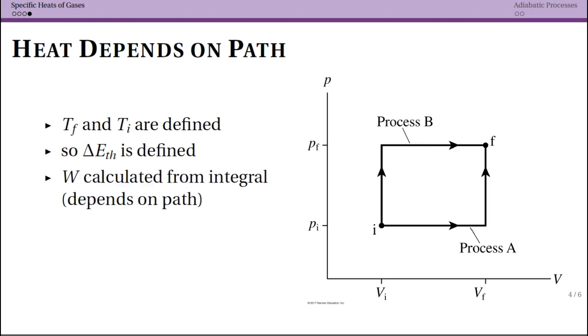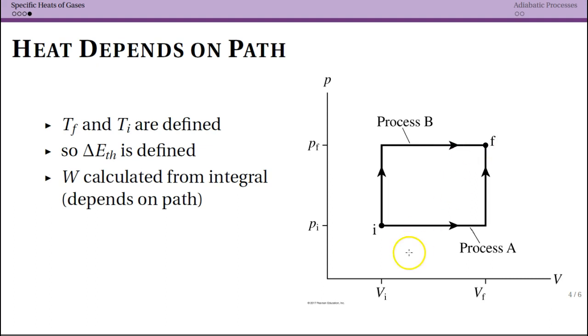Now we know that work is calculated from the integral. It depends on the path, right? So look at process A, which goes horizontal and then vertical, and process B, which goes vertical and then horizontal. Obviously, those are going to have two different integrals under them.